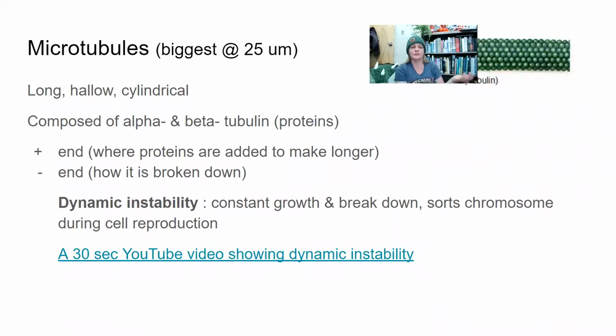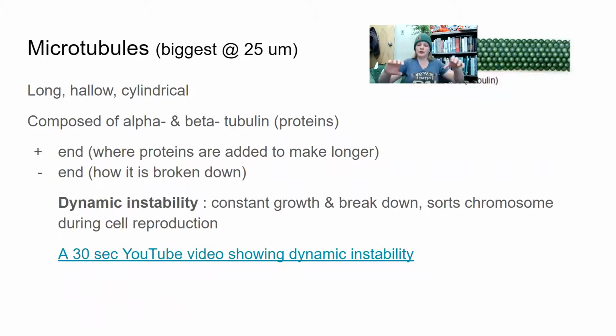So let's start with microtubules. These are our biggest ones. They're about 25 micrometers, which is still pretty little, but it's the biggest of our cytoskeleton components. These are made of alpha and beta tubulin, which are just fancy proteins.